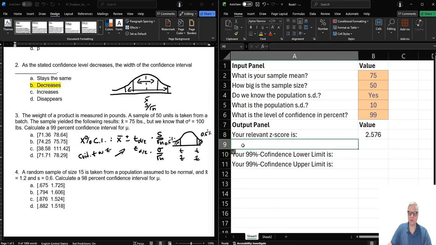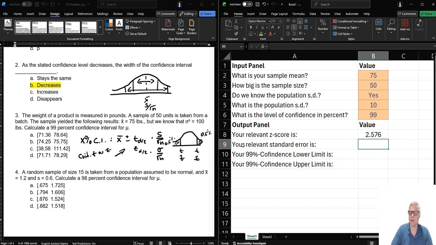So I enter another row and I say your relevant standard error is, and we know that the standard error is always equal to the standard deviation divided by the square root. The Excel command is SQRT of the sample size.